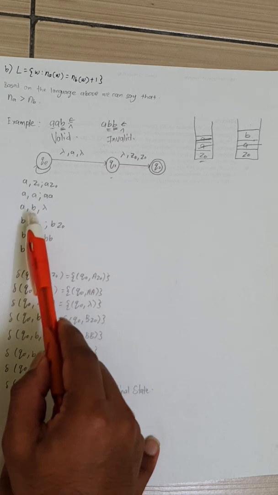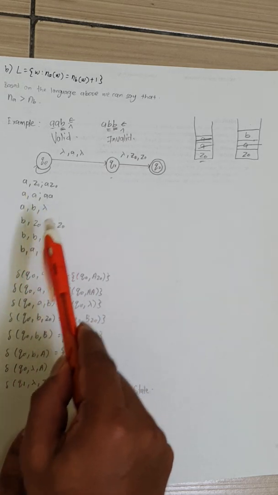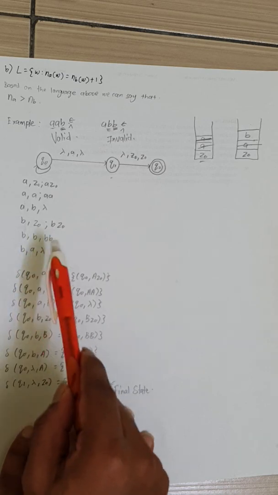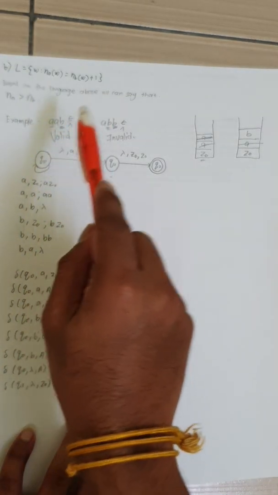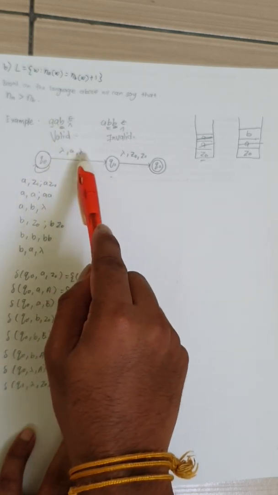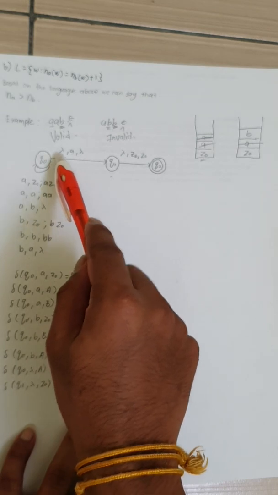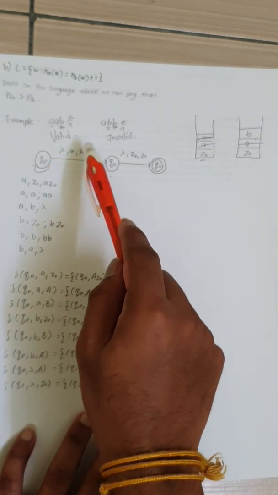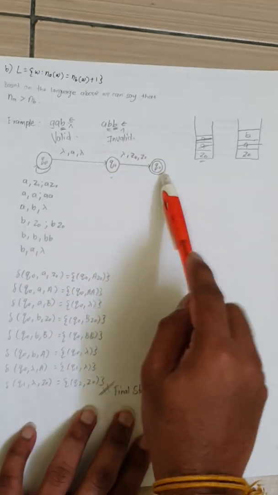Whenever we scan A and the topmost symbol is B, we empty the stack, and whenever we scan B and the topmost symbol is A, we empty the stack. And when we scan empty, which is epsilon, and the topmost symbol is A, we empty the stack in order to go to Q2, so that we can reach our final state.